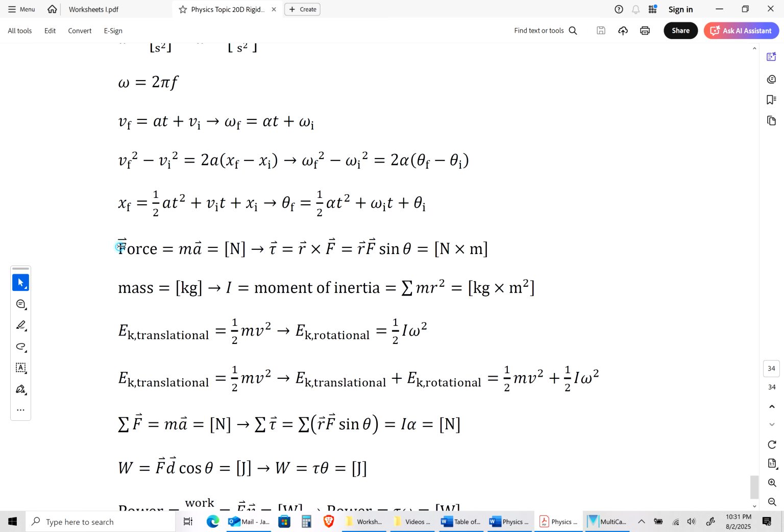F equals ma becomes torque equals I alpha. Sorry, this is wrong. This should be torque equals I alpha.